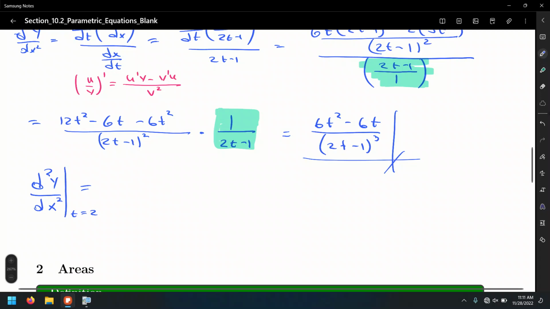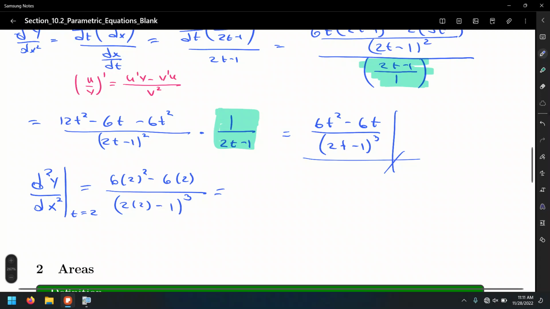All we do is replace the letter t with the number 2, wherever you see the letter t in the second derivative. Now, this is 6 times 2 squared minus 6 times 2, divided by 2 times 2 minus 1 quantity cubed. All right, let's do one operation at a time.